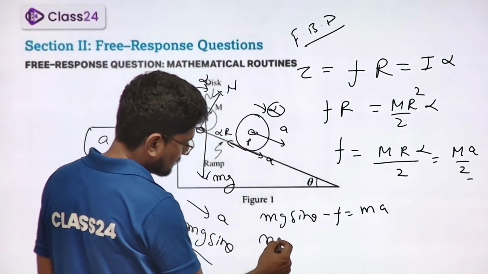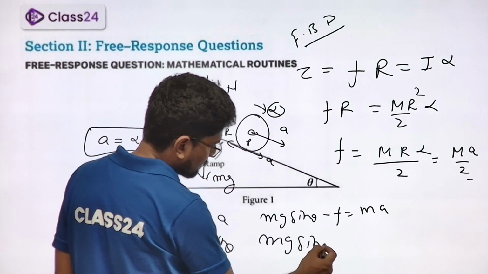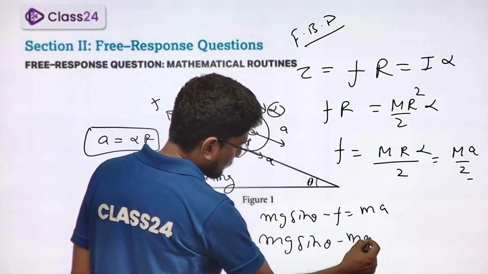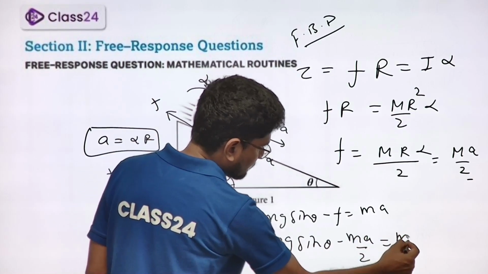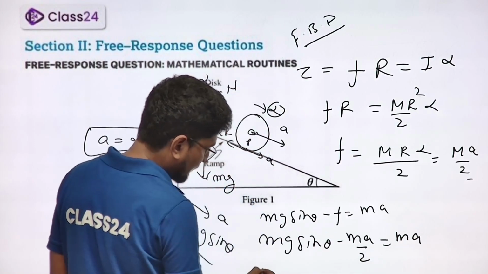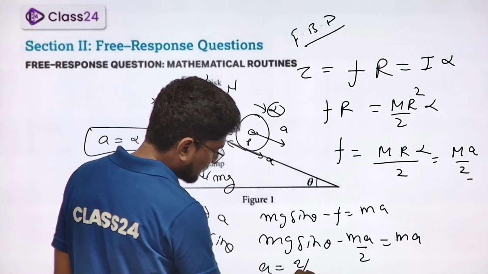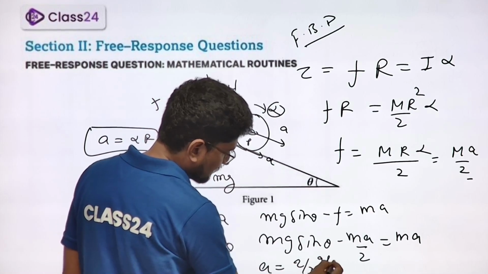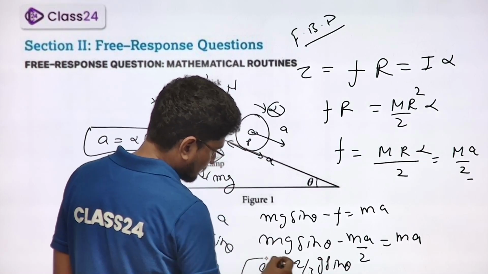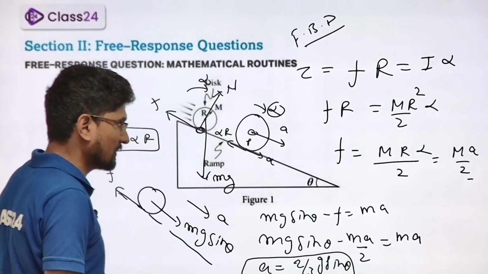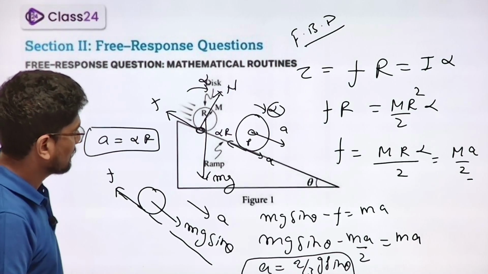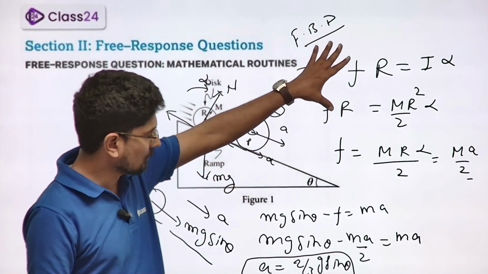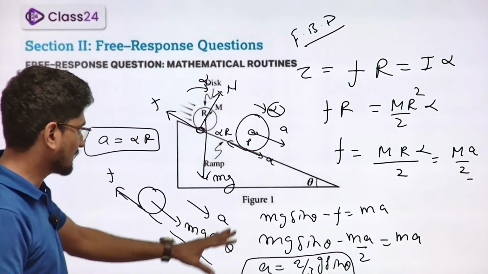Now put the value of F. By solving these two equations, we get the acceleration as 2 by 3 g sine theta. This is the solution of this part of the question: the relation of the torque and the translation acceleration.